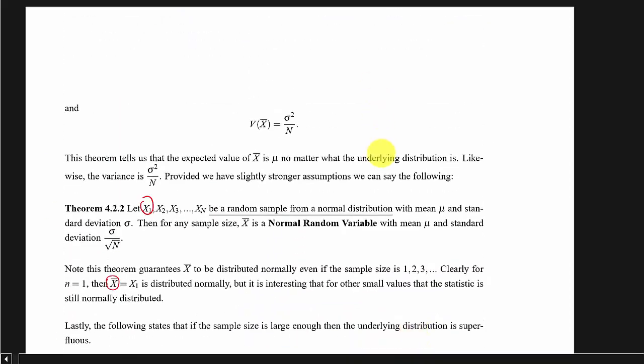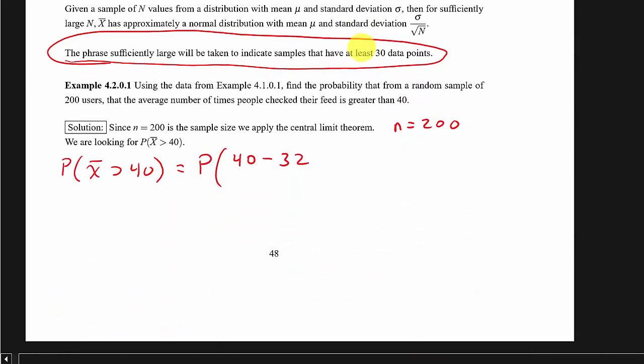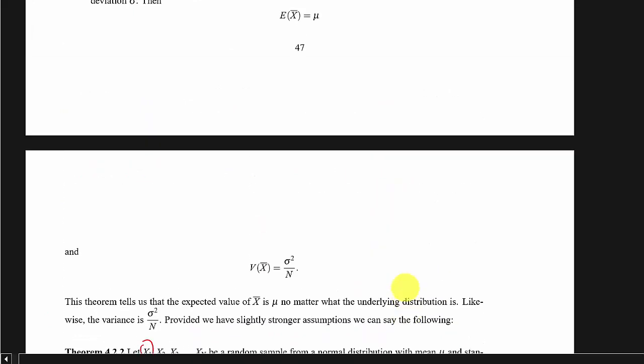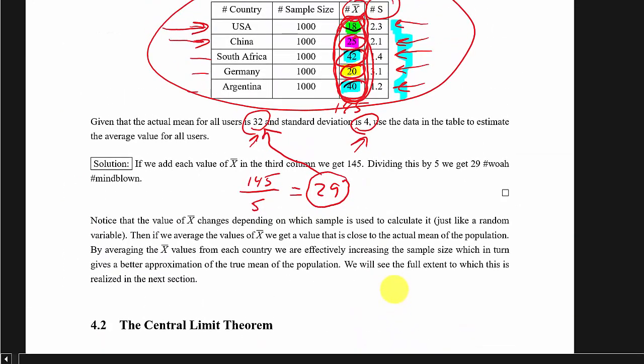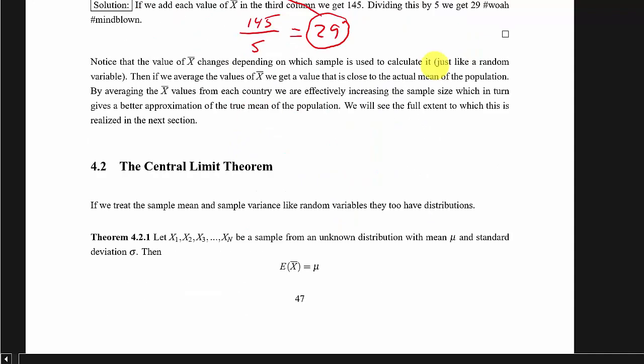Keep in mind, 32 is mu, and then for sigma, that's 4 over the square root of n, which is 200. Remember, they gave us that in this problem: there's the 32, and there's the 4, mu and sigma.